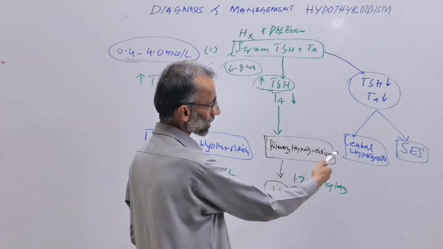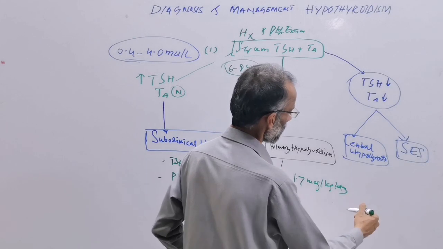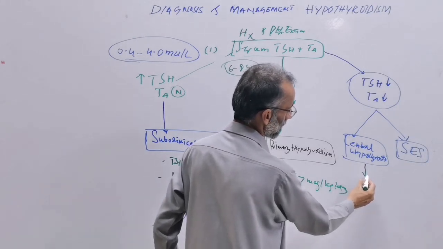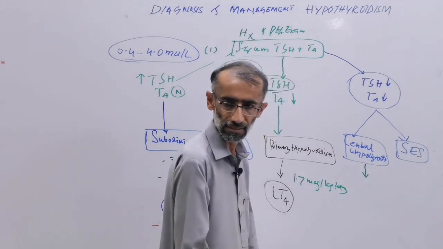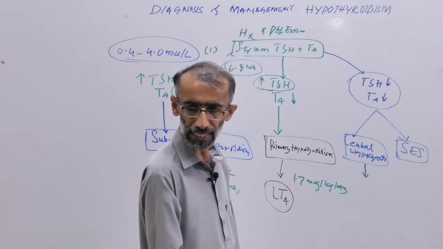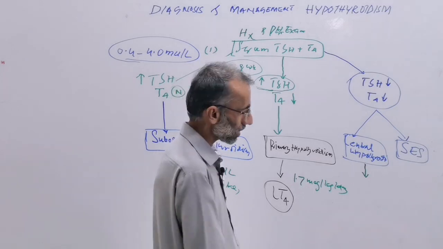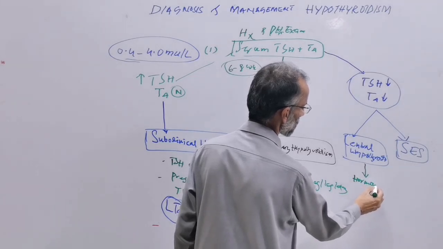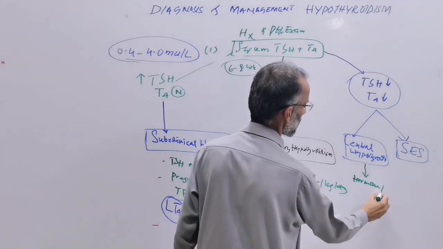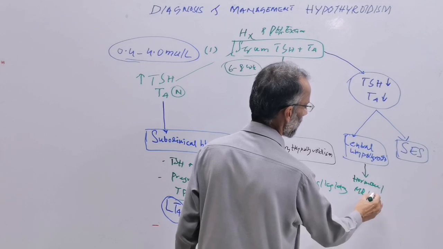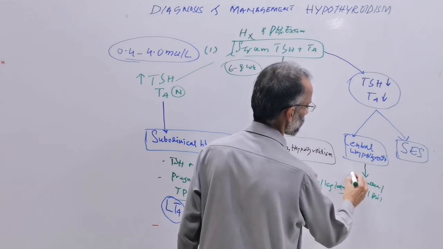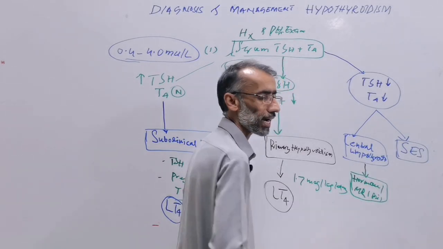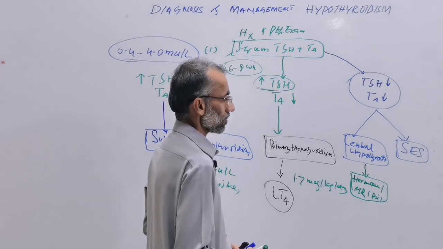How to diagnose it? We will check the other hormones of the anterior pituitary gland, or do MRI pituitary to confirm secondary hypothyroidism.